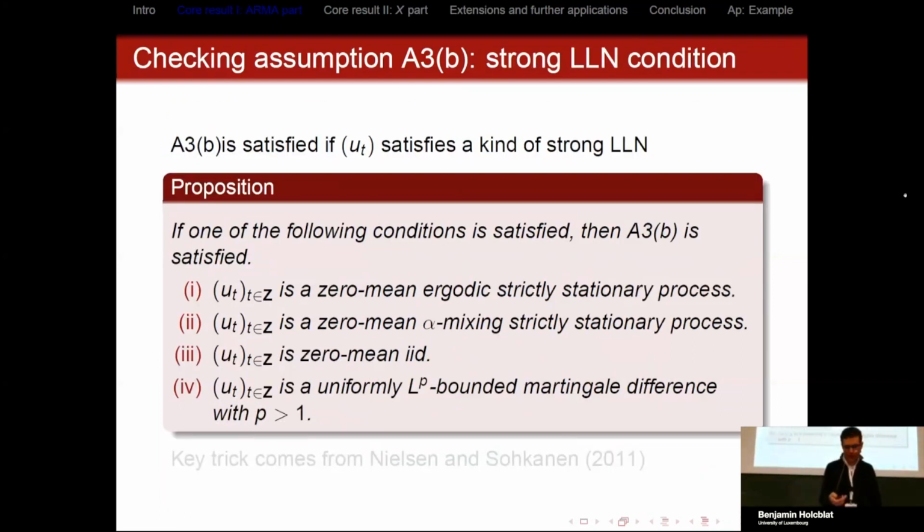The second catalog of assumptions is that the u_t satisfies a kind of strong law of large numbers, which for a stationary process just requires that it's ergodic, then it's done. Of course, you get this if you have alpha mixing and so on.